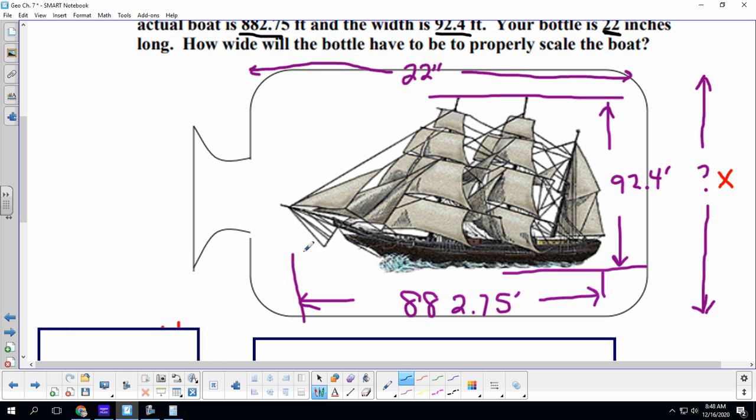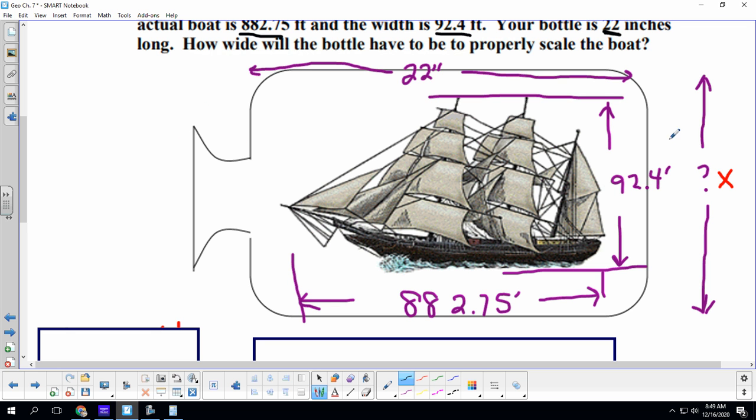So I put the dimensions on our ship. It is 882.75 feet long and 92.4 wide. And I have represented it like this. I guess we don't get a three-dimensional because we don't know how thick it is, but that's okay.